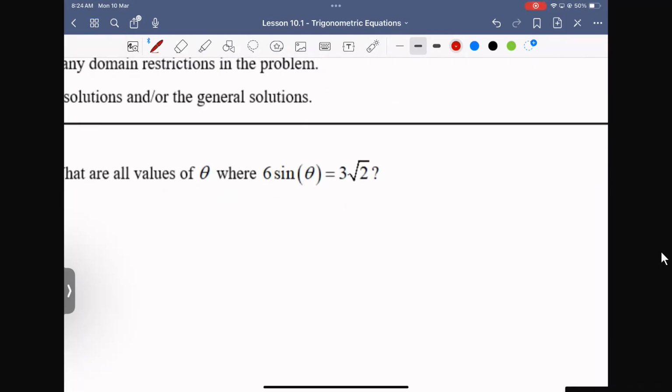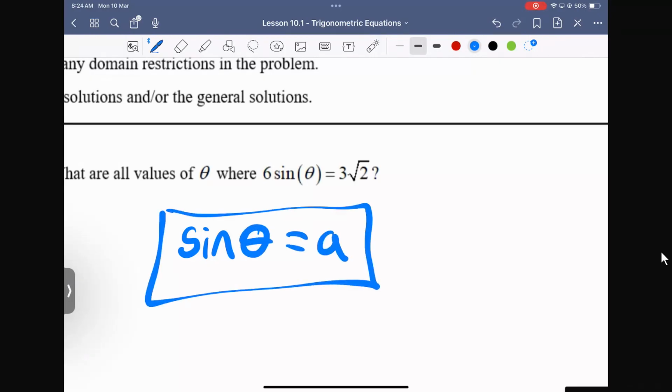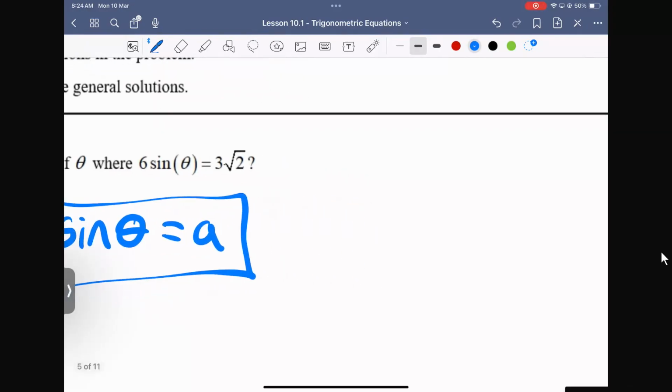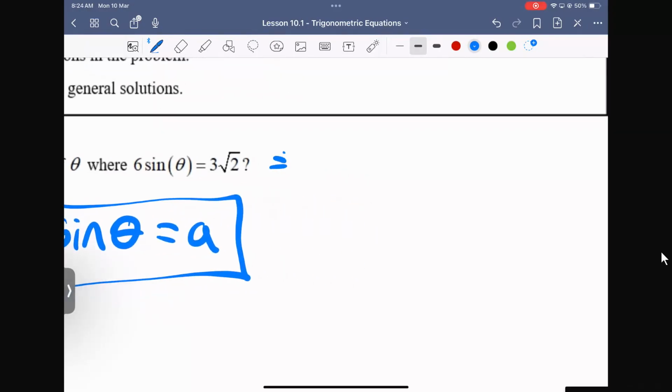We want to get it to the point where it is sine theta equals A, where A is some kind of constant. So for this equation, how could we do that? Well, we could divide through by 6. That's going to give us root 2 over 2.